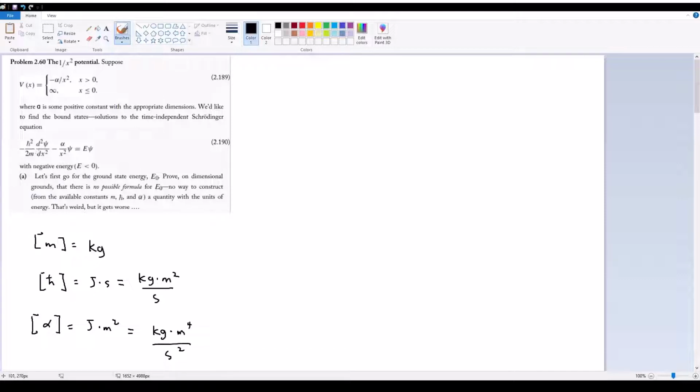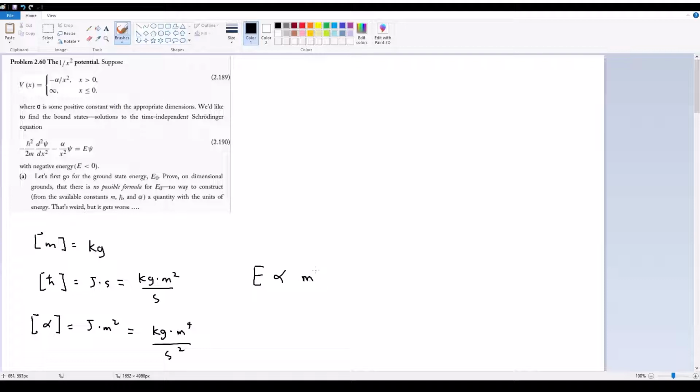So since on the left we have h bar, m, and alpha, they are going to migrate over to the right, because this entire expression is equal to E times psi. Psi is some dimensionless value, so at the end of the day, E has to be proportional to whatever numerical constant psi turns out to be, along with units of m, h bar, and alpha.